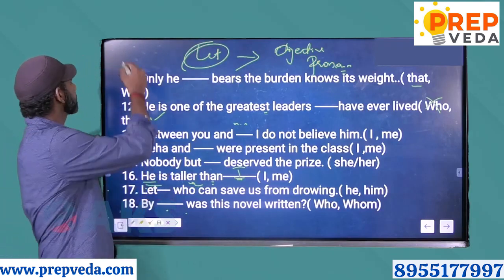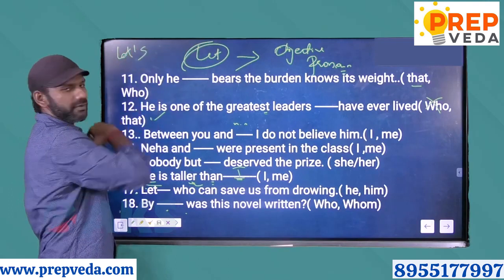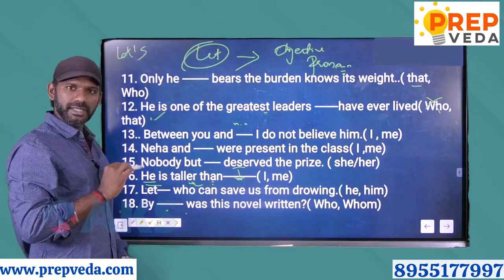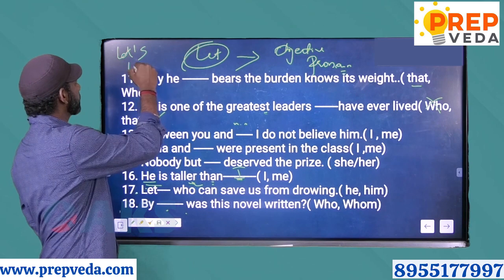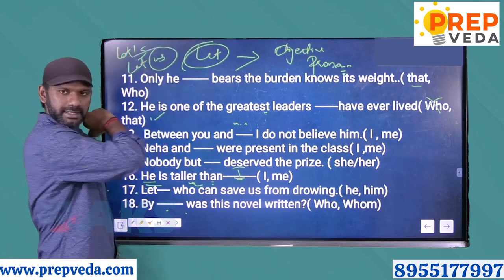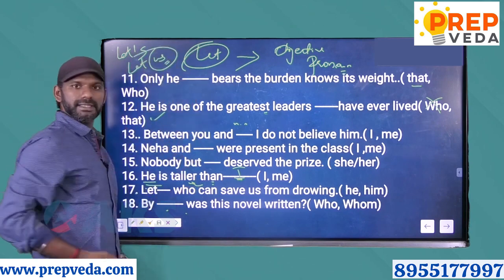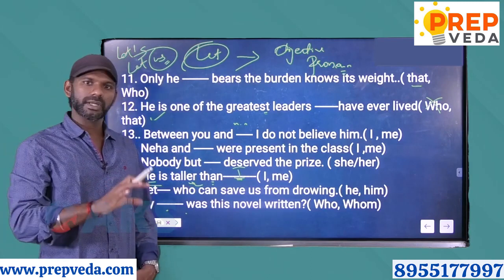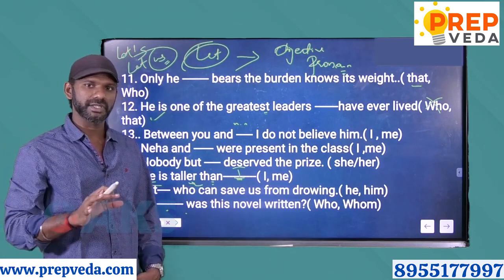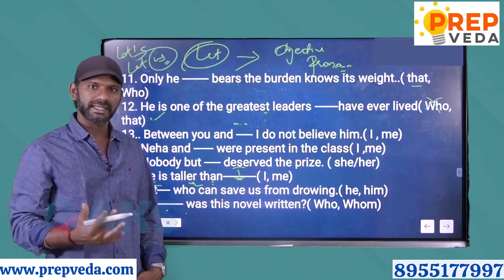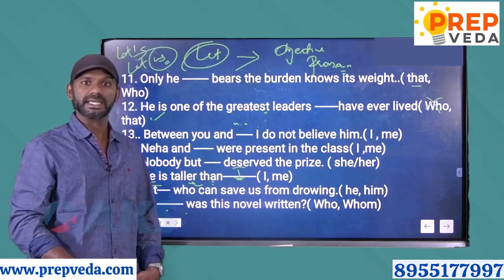The best example is let's. Let's is a short form of let us, right? And us is an objective pronoun. So the pronoun that comes after let must be in the objective form. Let him, let her, let them, let us, let me, and so on.